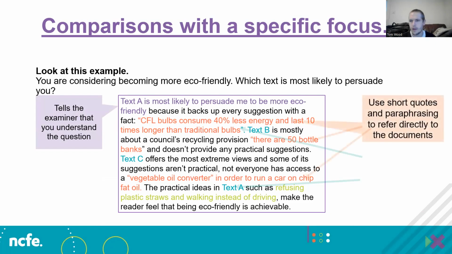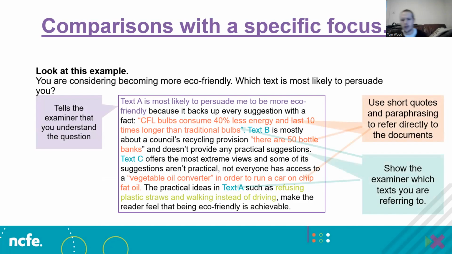Then we've got straight away our quotes or paraphrasing. Better to use quotes though, directly from the document. So we can see that we've referenced the documents and we've referenced the actual quotes there as well. Finally, there's another example there of how you could use paraphrasing to answer, but you don't necessarily have to.